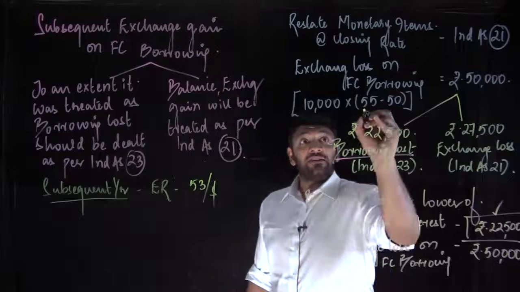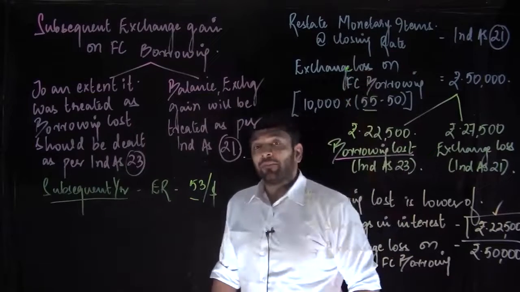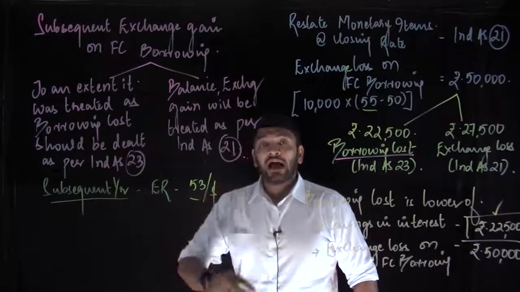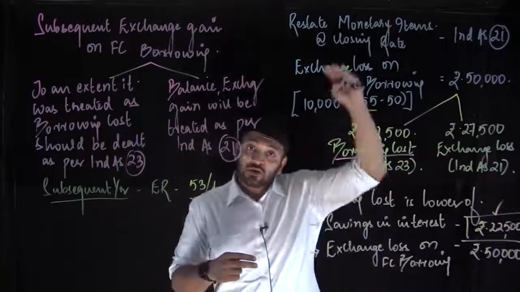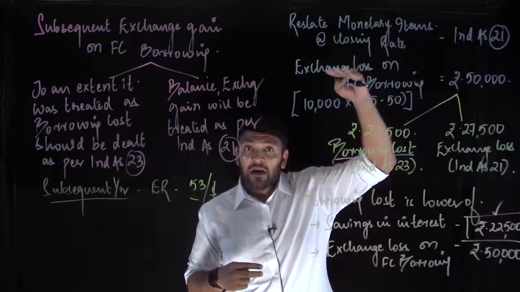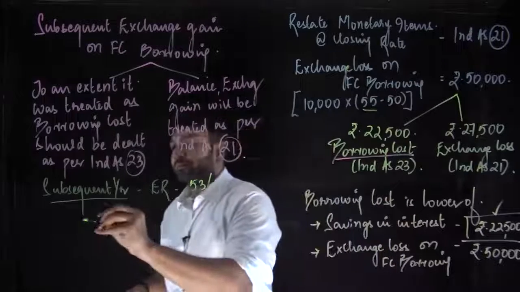I earlier recognized at 55, now I'm recognizing at 53. So what is happening? I have actually got a gain of 2 rupees per dollar. My liability, which was 5,50,000 last time, has now come down to only 5,30,000, giving me a 20,000 rupees gain.